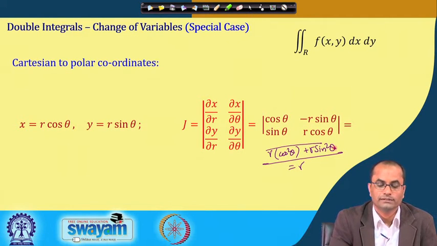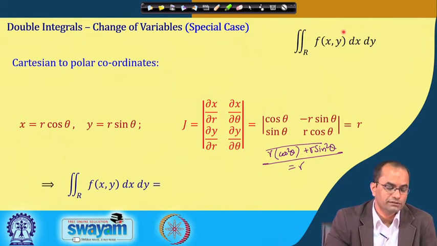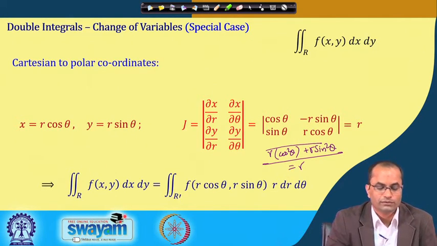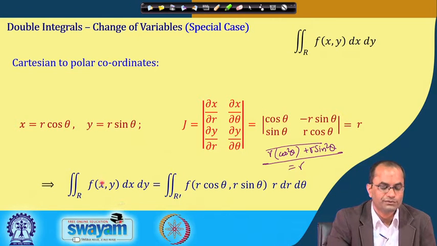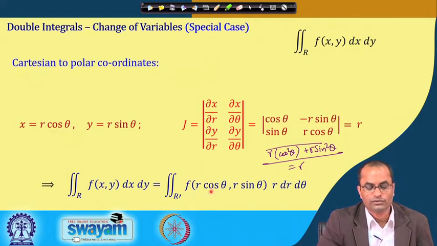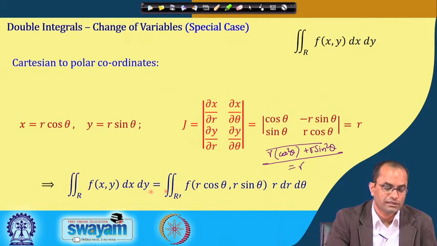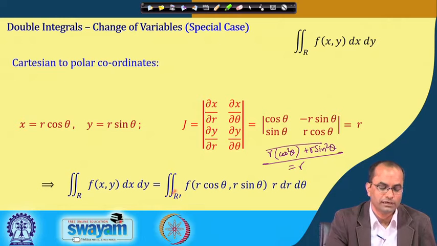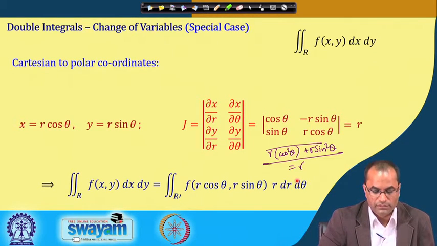So, we have this determinant value as r, and now we can change this integral which was given in the Cartesian coordinates to polar coordinates, which we have already discussed in the previous lecture. We substitute for x and y as r cos theta, r sin theta, and then dx dy will become r dr d theta, and this region r prime will be described in terms of the polar coordinates r and theta.